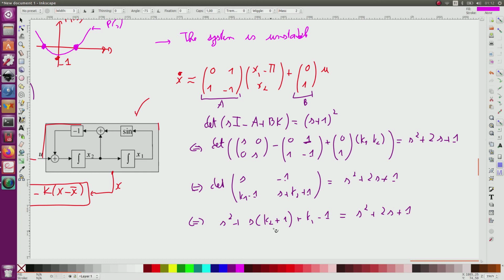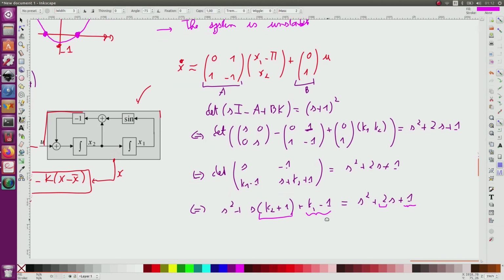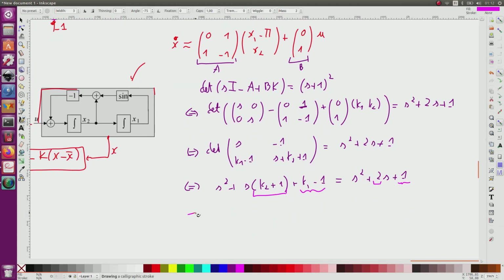As a consequence, this should be equal to that, and this to that. By identification, I obtain that K1 is equal to 2 and K2 is equal to 1. So I observe that in general, to solve this kind of equation amounts to solving linear equations.